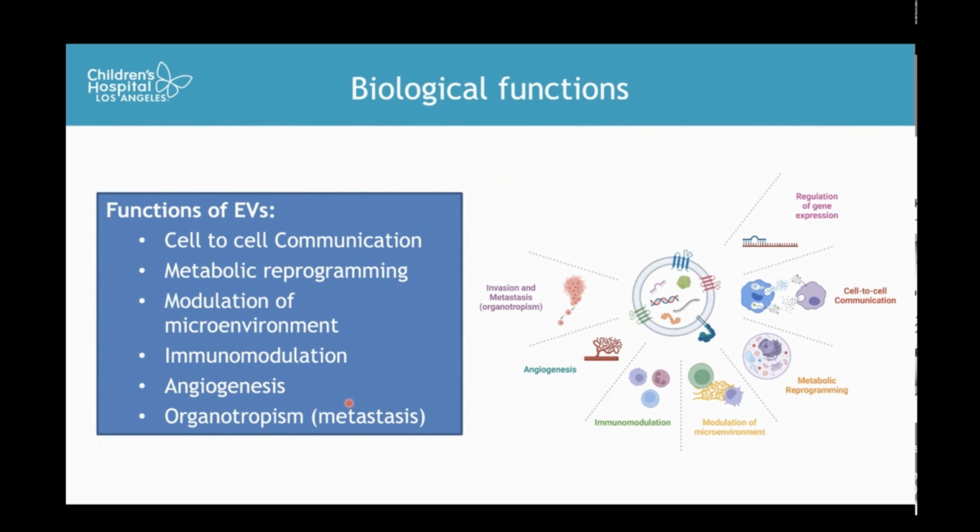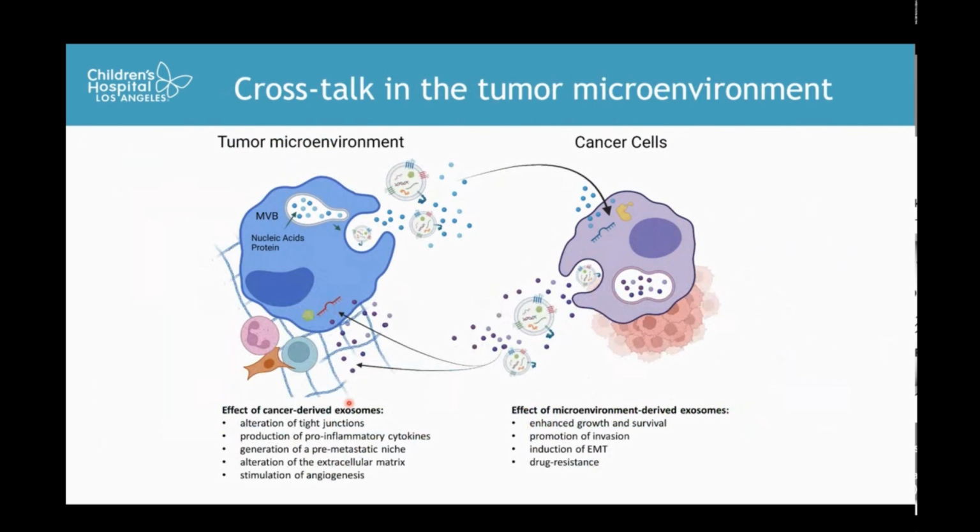But I'll talk a little bit more about these concepts here. So the crosstalk between cells is a very important function of extracellular vesicles, particularly in the tumor microenvironment. This is a two-way highway of communication between cancer cells and the tumor microenvironment, in which cancer cells release tumor-derived EVs that are taken up by the tumor microenvironment.